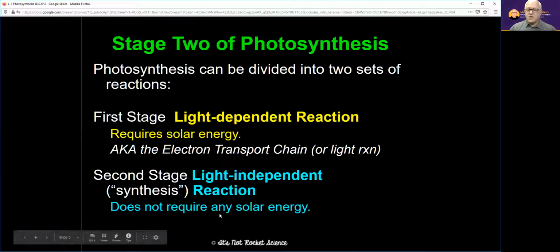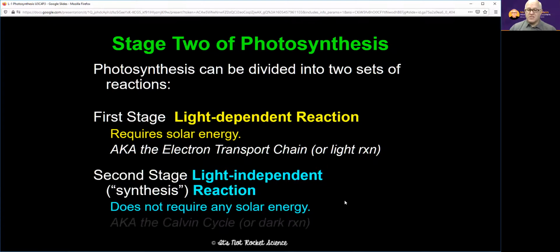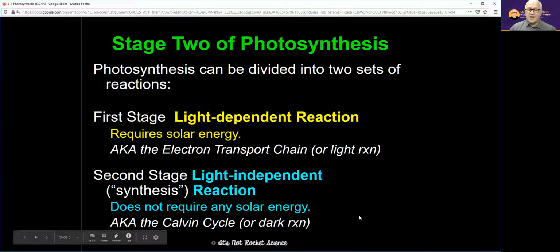This does not require any solar energy whatsoever. It's sometimes also referred to as the dark reaction. The main name we're going to call it is the Calvin cycle. So the light-independent reaction, also known as the Calvin cycle, is sometimes referred to as the dark reaction because light is not needed for this part of the photosynthesis process.